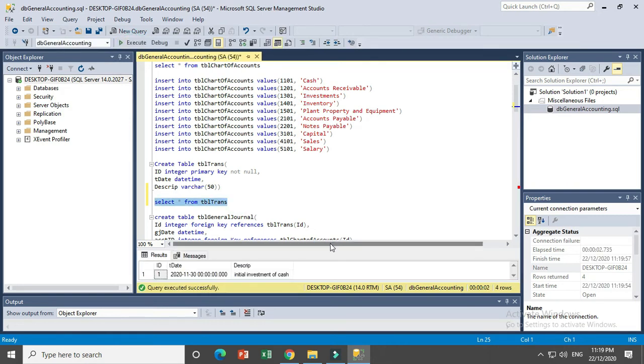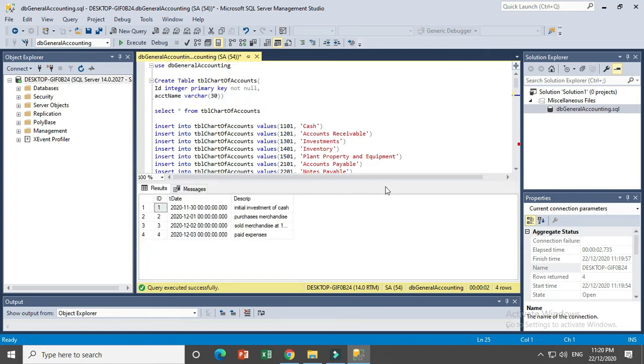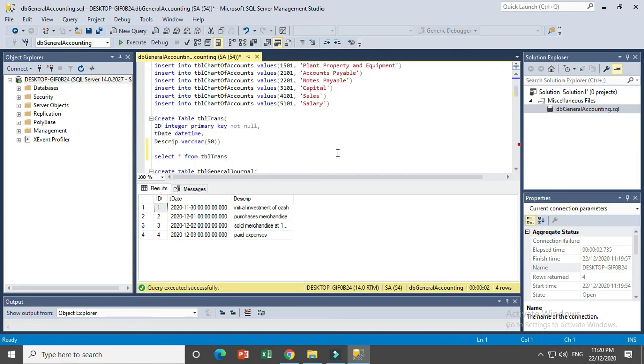So what happened earlier? We failed to execute this, because we need to use the database. We have to reference the correct database before we can query it. So you have to learn to be familiar with the term query. We usually do that in SQL.